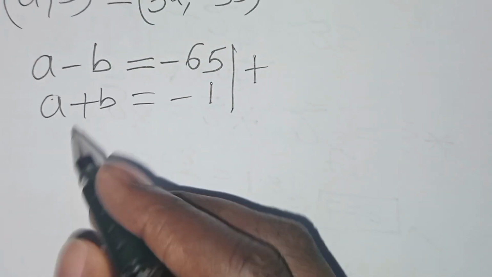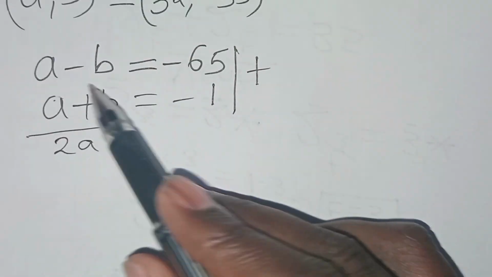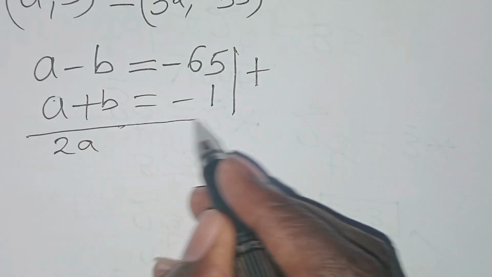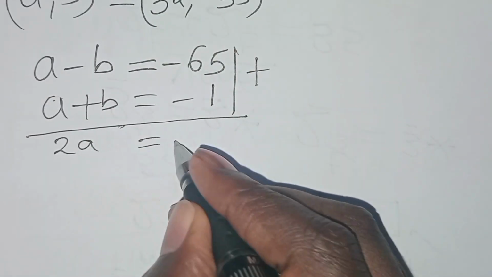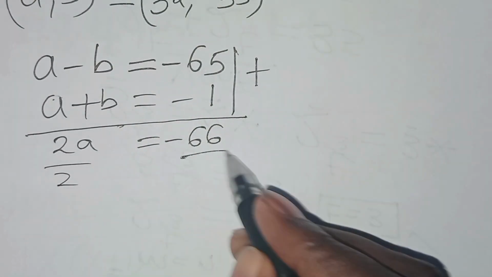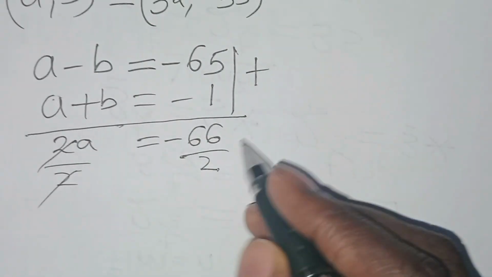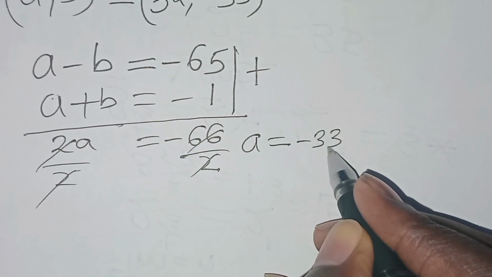A plus A is 2A, then negative B plus B simplifies, and then we have negative 65 plus negative 1, which is equal to negative 66. So let's divide both sides by 2, so that now A is equal to negative 33.